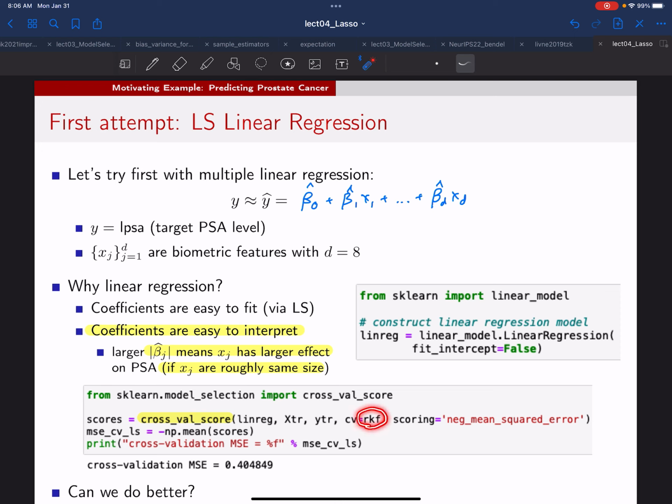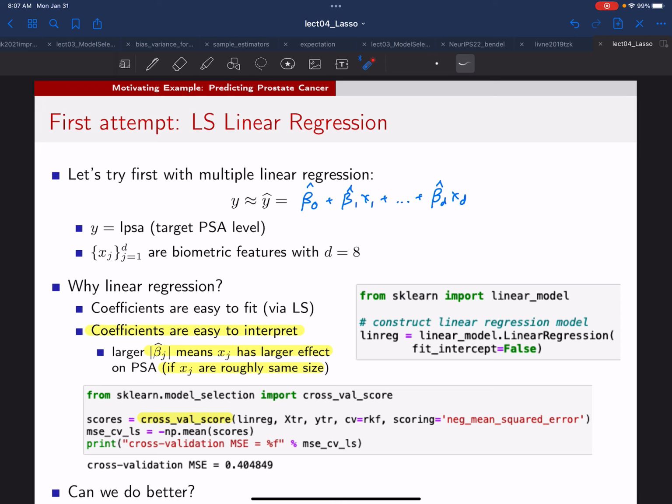In this particular demo, we're going to give it something called repeated k-fold cross-validation, which is like k-fold cross-validation, except you have it do this a repeated number of times, and every time you do it, you reshuffle the data. That gives you a bit more randomness than if you just do it once with one shuffling. So that's what this repeated k-fold object is.